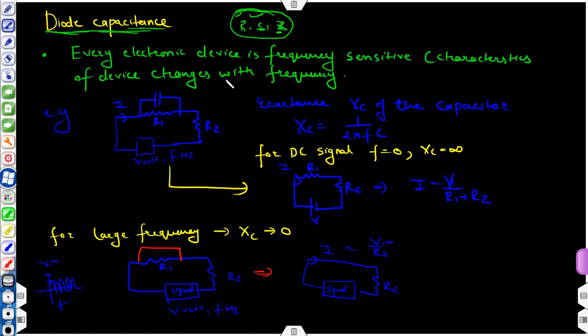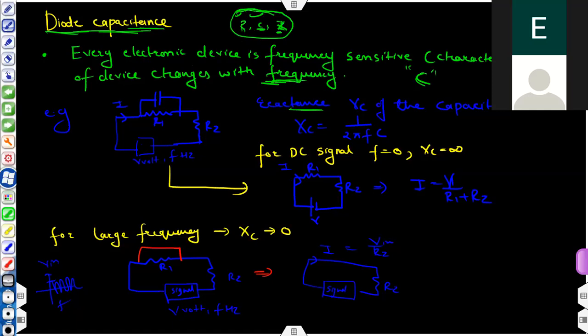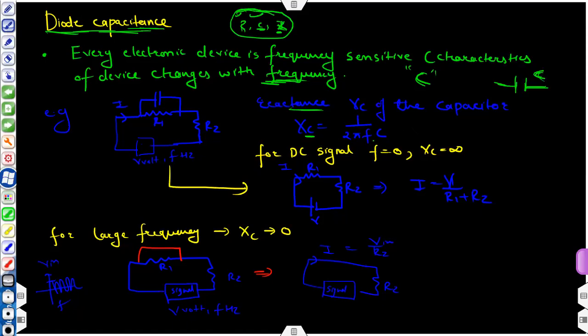The characteristics of devices change with frequency, because of reactance. Suppose the capacitance is C. The reactance Xc for a capacitor, if this is a parallel plate capacitor or any kind of capacitor with a value C, is defined by the formula 1 upon 2 pi f C. Here f is the frequency of the signal applied to it.